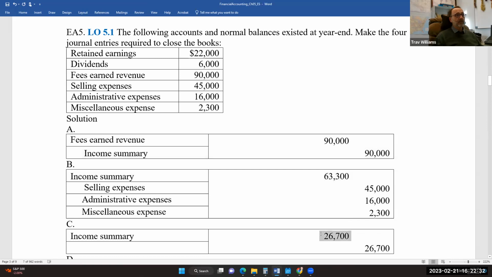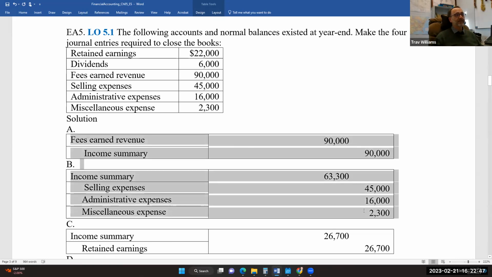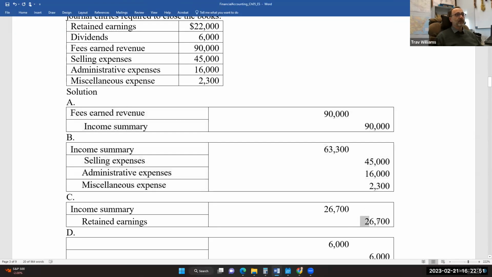So that's how much we'll need to debit to get it down to 0. And the credit goes to retained earnings. Again, because we made a profit here with higher revenues than our expenses, that increases our retained earnings.